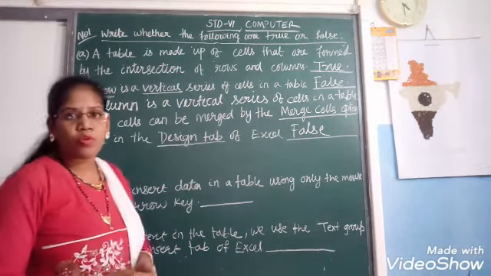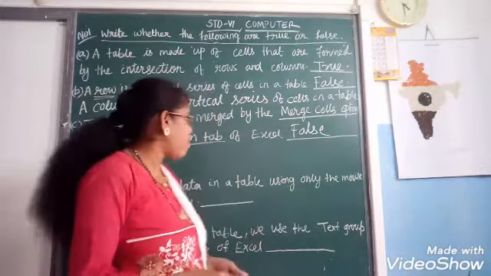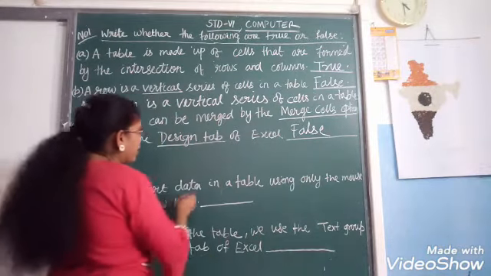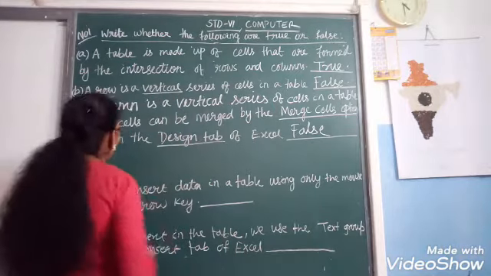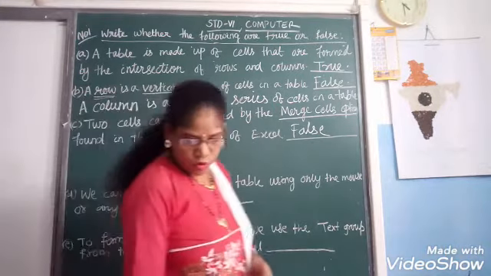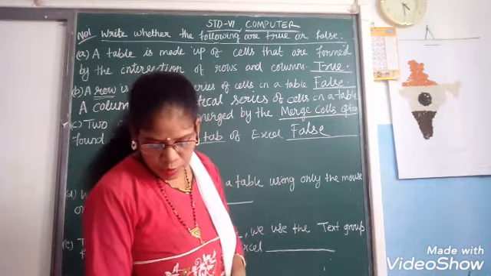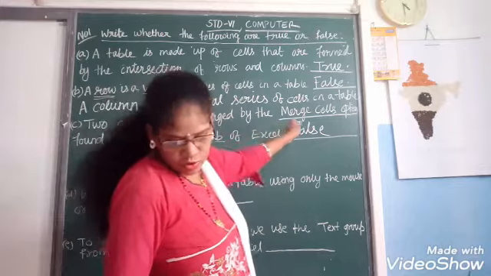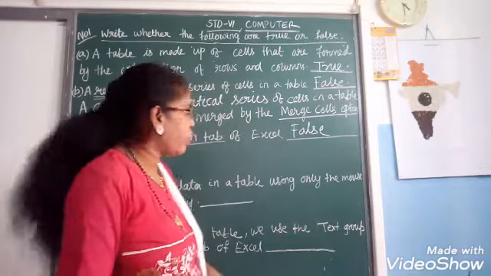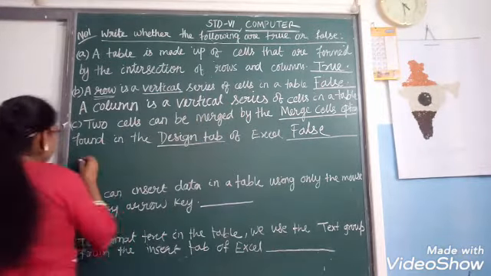It is in the merge group on the layout tab in the table group. So, what will we write? Two cells can be merged by the option found in the merge group.